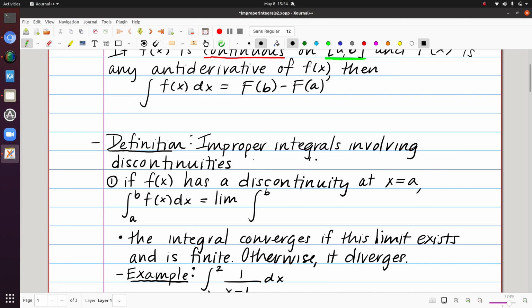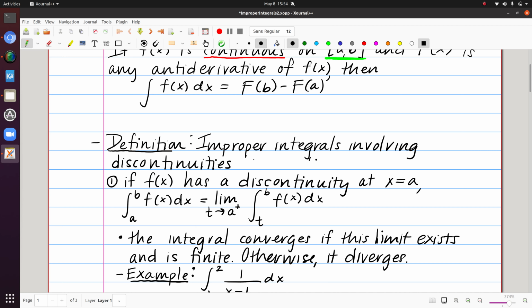So we could put in a placeholder, let's call it t, and we can evaluate the integral from t to b as long as t is to the right of a, right? So the only problem is that x equals a, so to the right of that up to b, there should be no issues. So what we want to do is evaluate the integral involving t, and then we're going to let t approach a from the right.